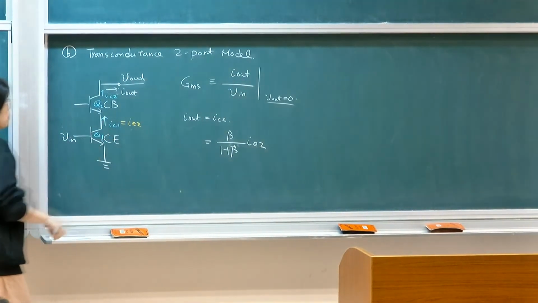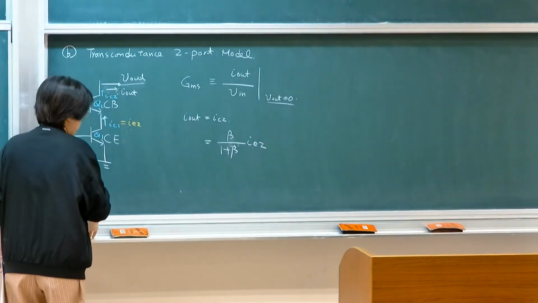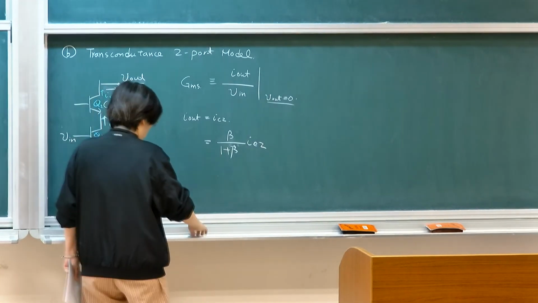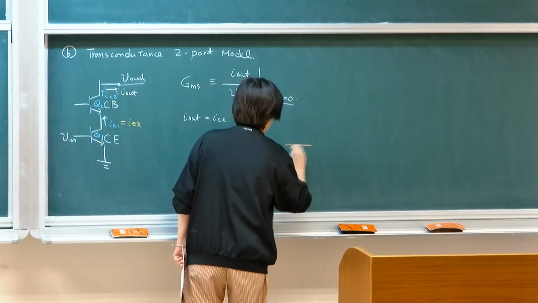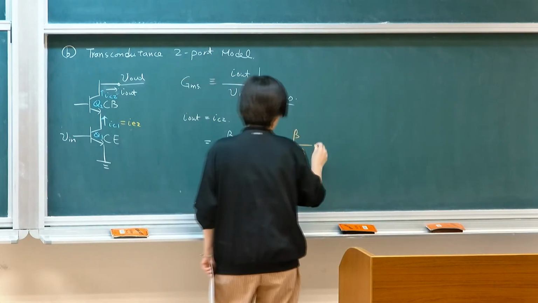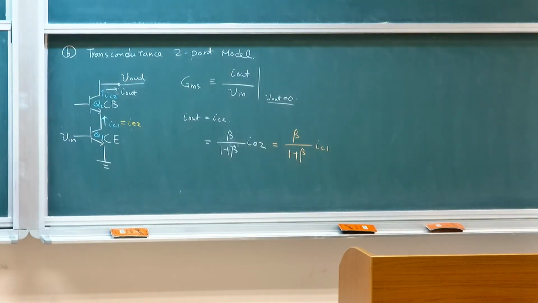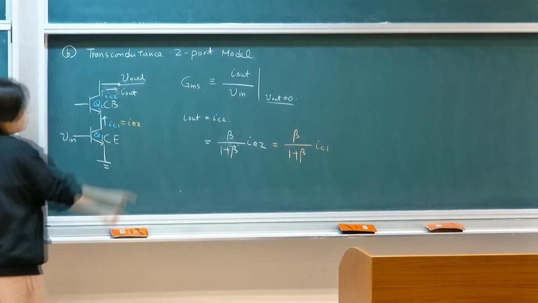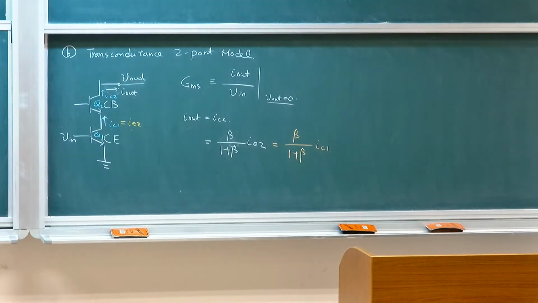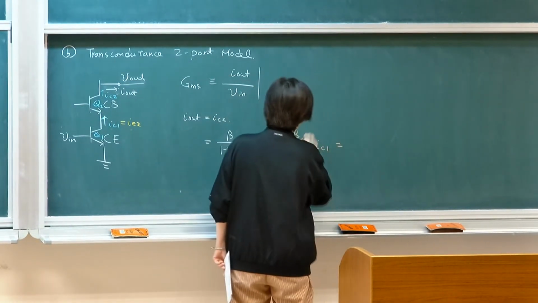This is the emitter current of Q2. Because I connect emitter and base, the emitter current of the common base equals the collector current of the first stage, IC1, and this factor is approximately 1.